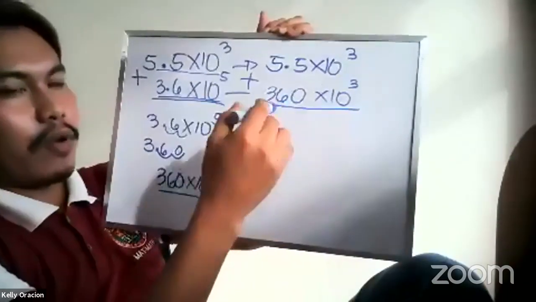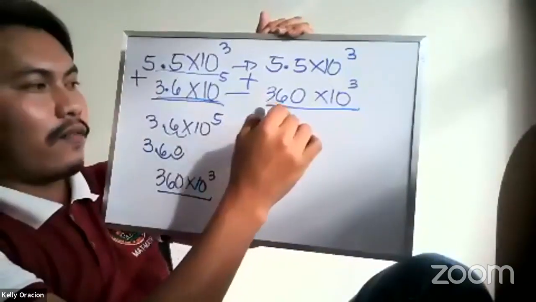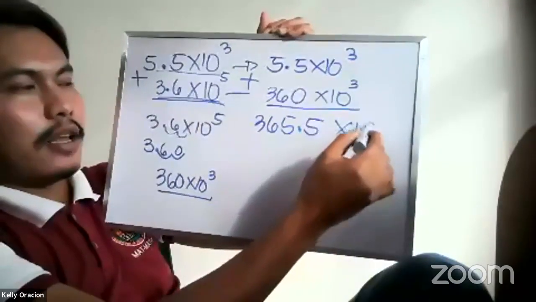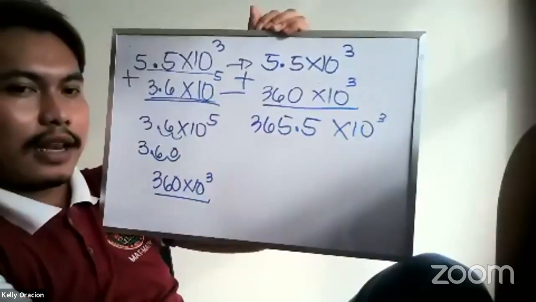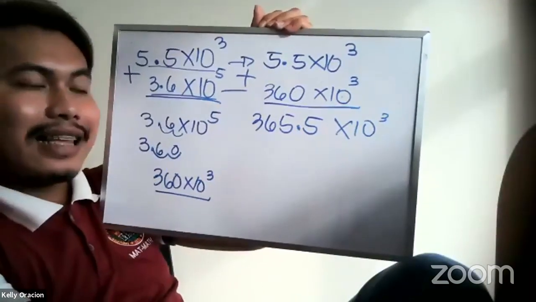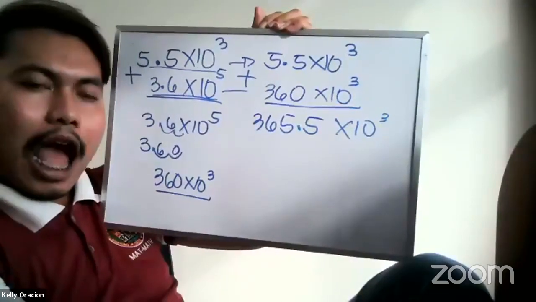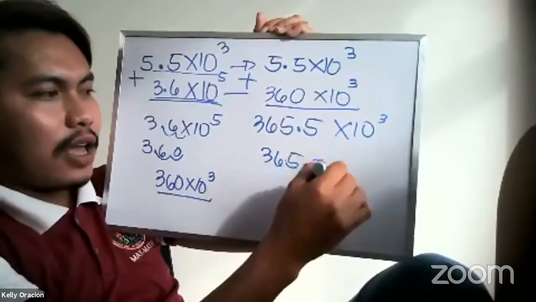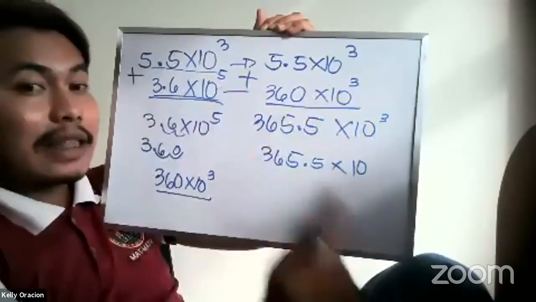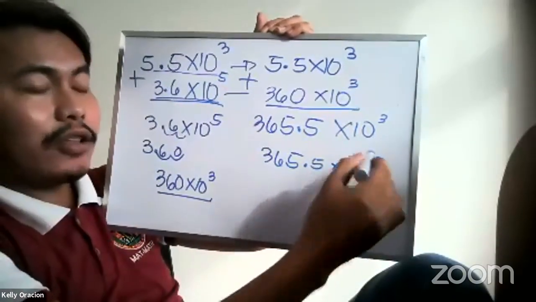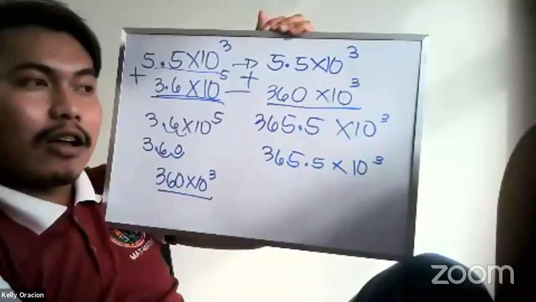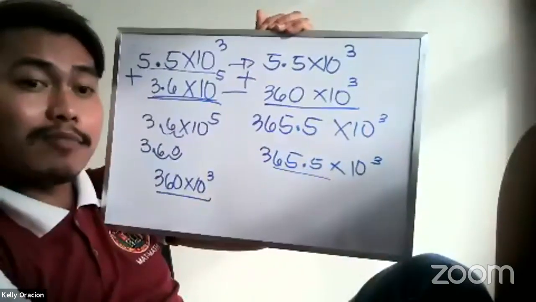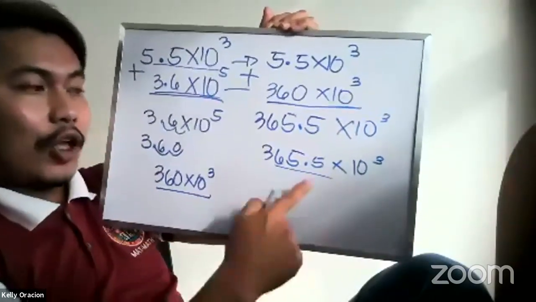And if we are going to add, this is 365.5 times 10 raised to 3. Okay? May binanggit ako kanina that your final answer, class, dapat follow the standard form of notation. Kunyari, 365, that's more than 10.